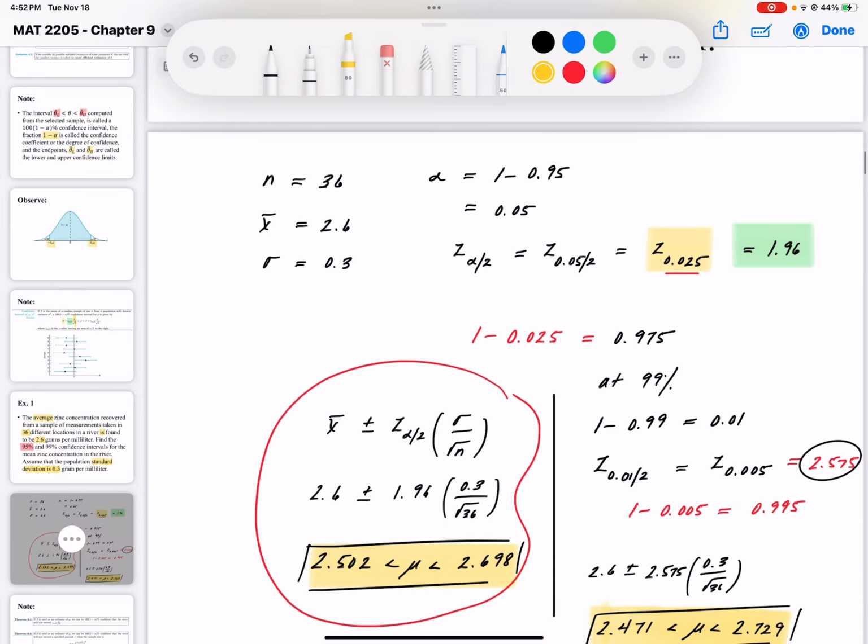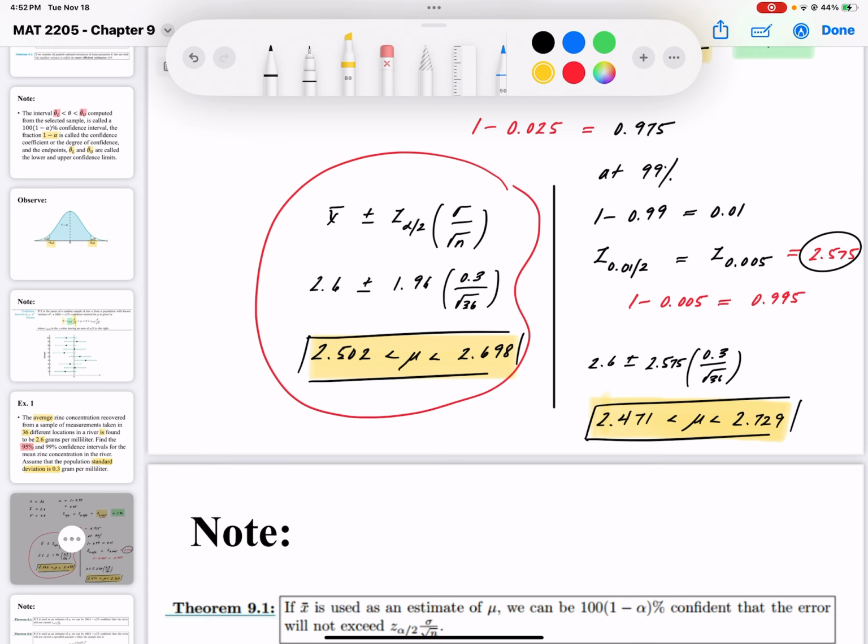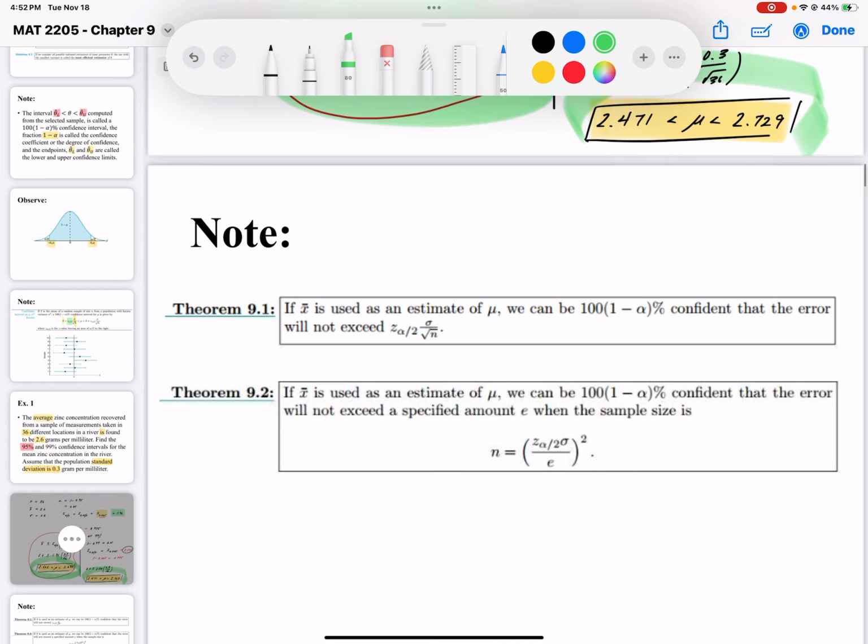So yes, we expect that our sample will have some error, but along with our sample mean, now we have an interval that we could put a confidence level on. So I can say with 95% certainty that my population mean will lie in here, okay? With 99% certainty, I believe my population mean will lie in there, okay?